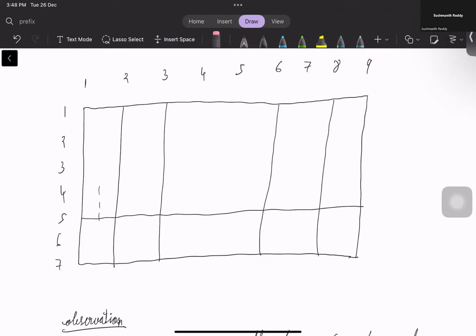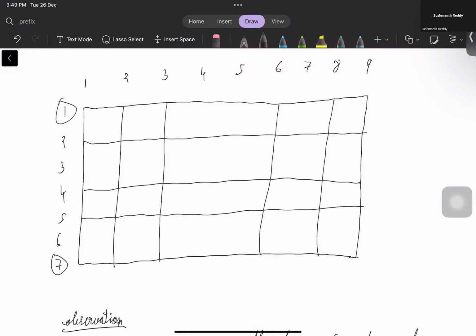So if we bring this observation down to an easier one, we can form any horizontal distance, which is the distance between any two horizontal barriers. So basically, we can form a distance of 1 and 7.